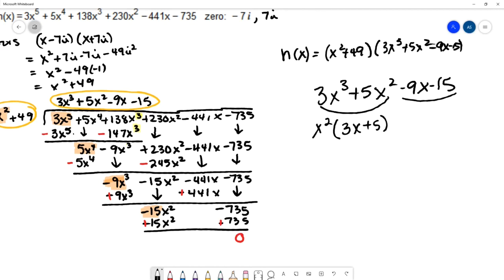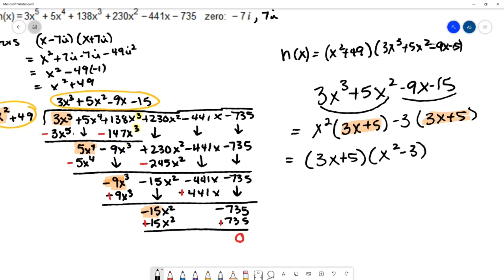The second group, negative 9x minus 15, has a common 3. I'll factor out a negative 3, leaving me with 3x plus 5 as well. Now, if this grouping method is going to work, what's in the parentheses here should match each other, which it does, so that method is going to work. So we're going to factor out that common 3x plus 5 and be left with x squared minus 3.